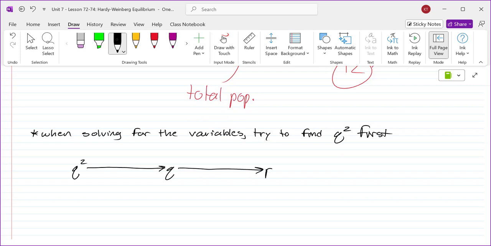Then you found P. And after you find P, it's really up to you. You could go for P squared next, or you could go for 2PQ. Either one, you have the information to find both. Personally, I go for P squared first, but that's just me. But you do need to go in this order for the first three. Q squared, Q, and then P.